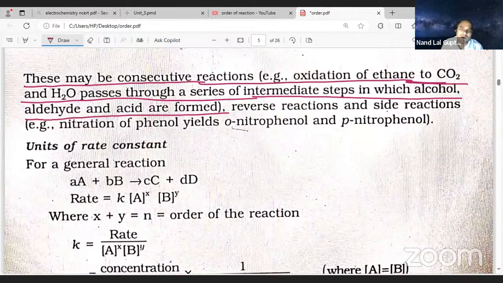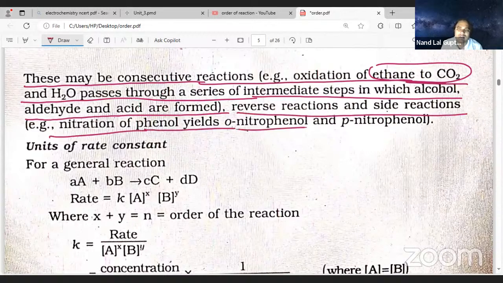So what they are saying is that the oxidation of ethane to carbon dioxide and water is a series of reactions. Reverse reaction and side reaction: nitration of phenol yields ortho-nitrophenol and para-nitrophenol. This is the example they have given of a complex reaction, that is, one completing in a series of intermediate steps.